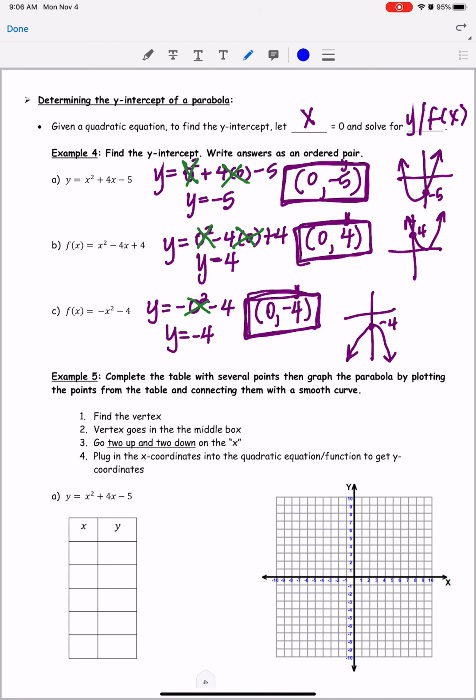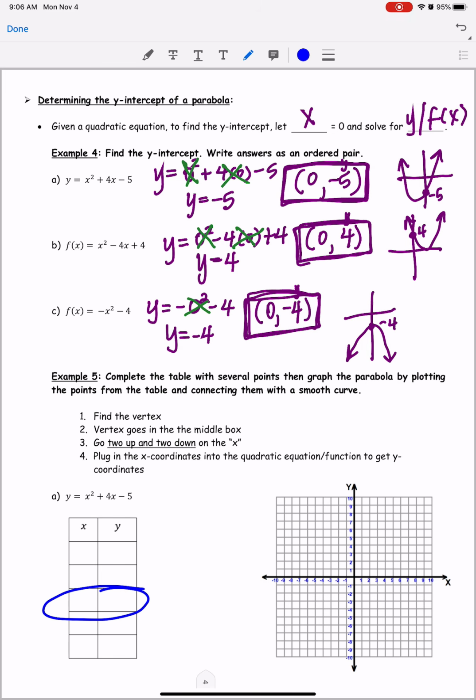Now let's actually get to the graphing portion. So, example 5 says to complete the table with several points, then graph the parabola by hitting the points from the table and connecting them with a smooth curve. So here are your 4 steps to graphing. First, find the vertex. Second, that vertex is going to go in the middle box.